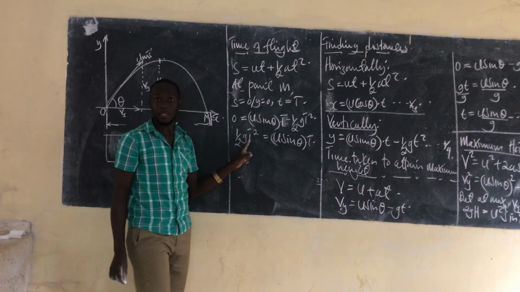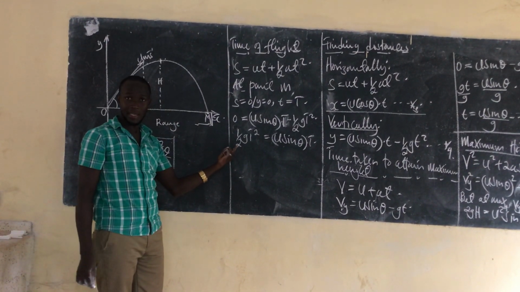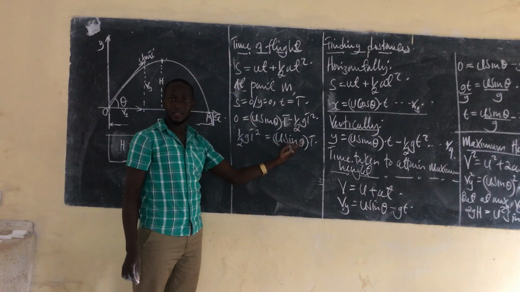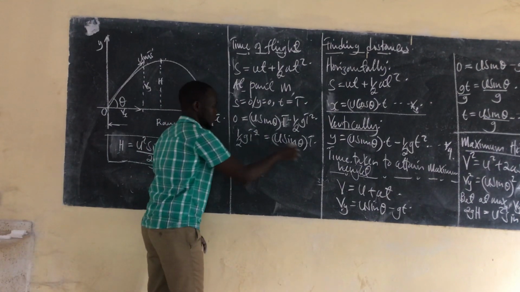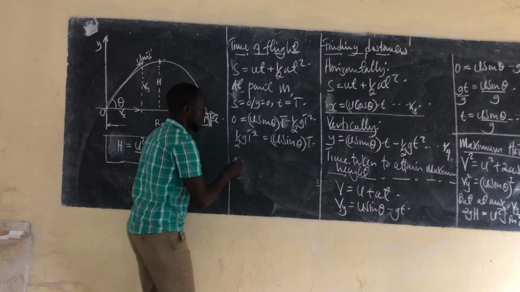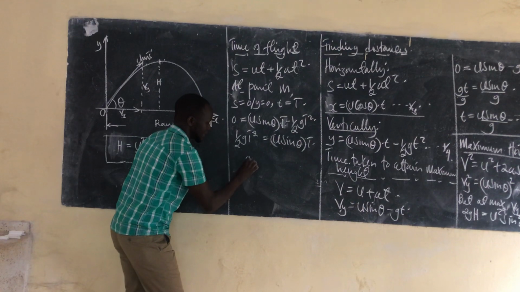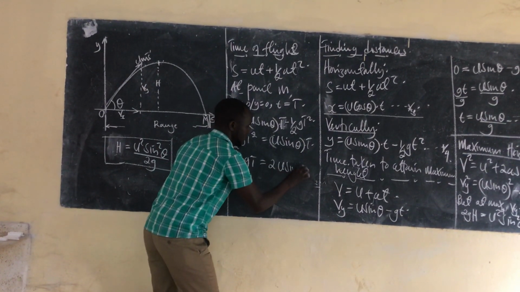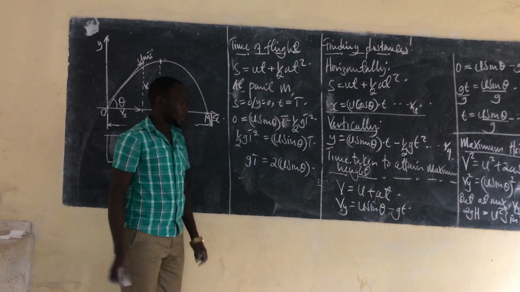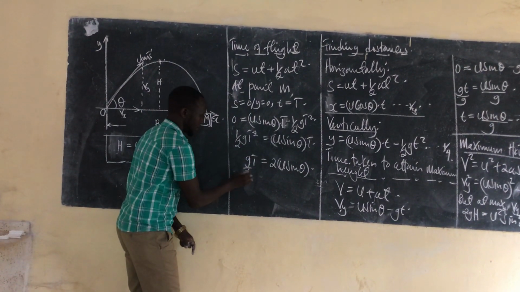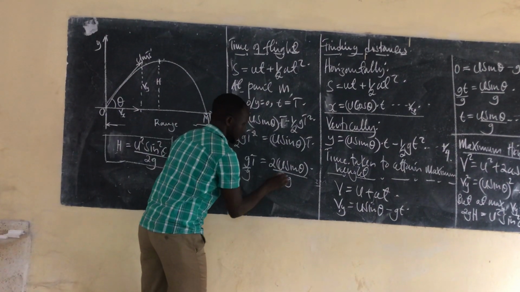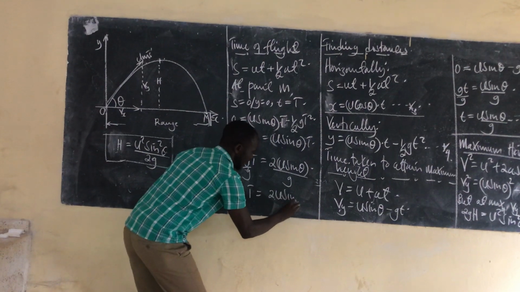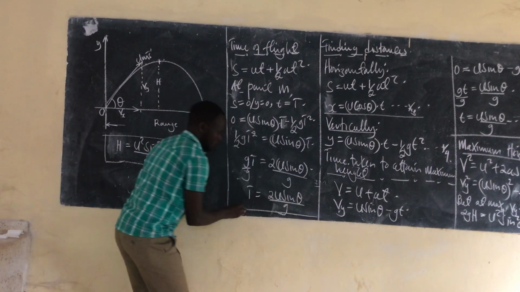The 2 in the fraction multiplies this side and becomes 2u sine theta. So this T cancels with that T, and we shall only have gT equal to 2u sine theta. Since we need T, divide by g. So finally, time of flight is 2u sine theta divided by g.